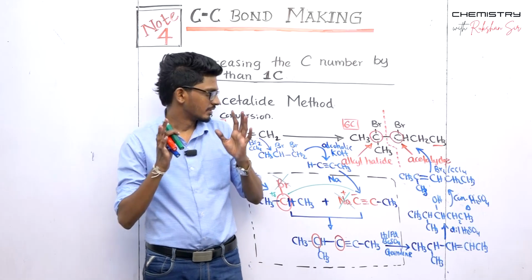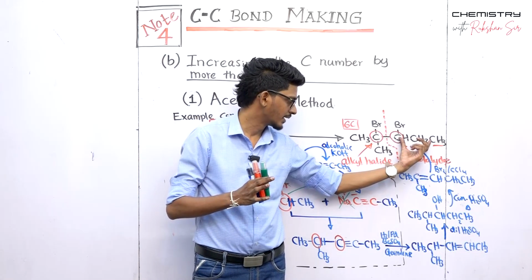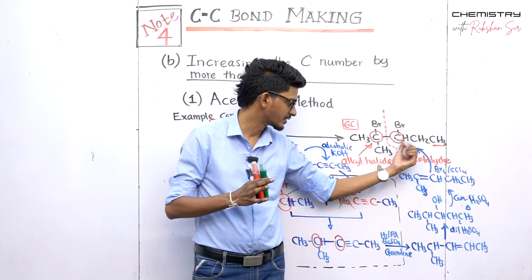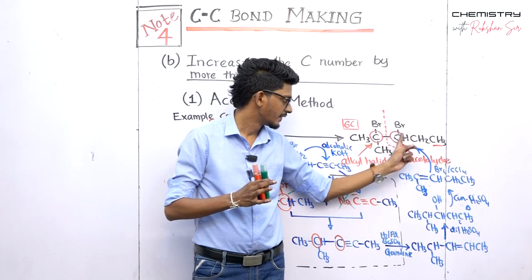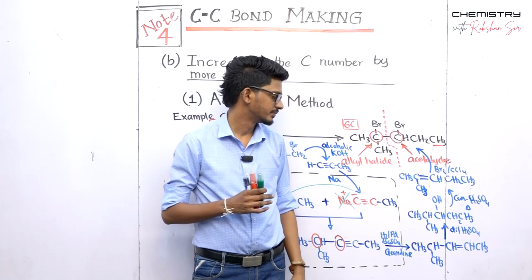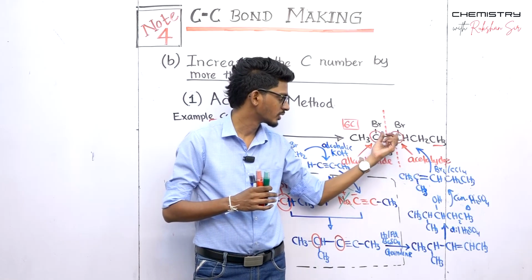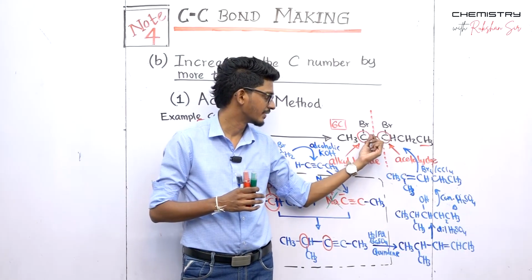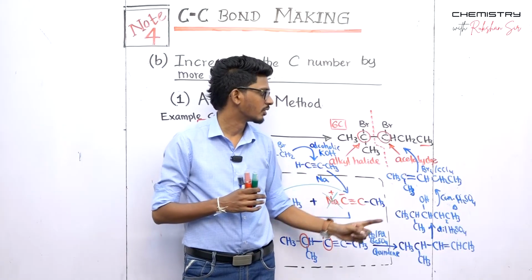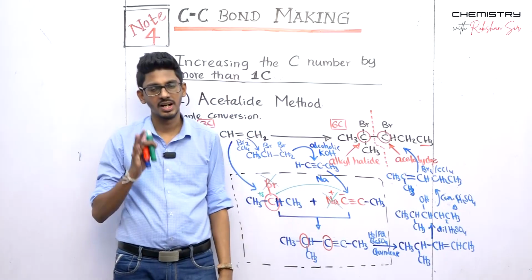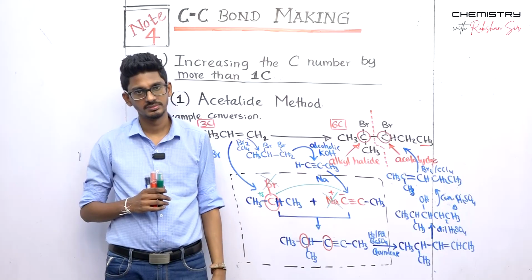To select the block coming as the acetylide section, that functional carbon should be a corner carbon. If such a corner carbon is not available among the connected carbons in a compound, then the conversion can't be done by the acetylide technique.